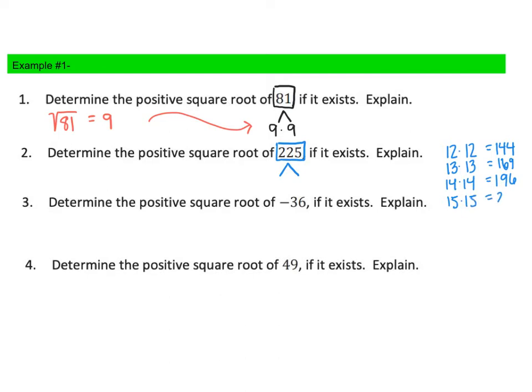I get 225. So 15 times 15, or 15 squared, is 225. So the square root of 225 is 15. It's a perfect square. And my work, right there. That's my explanation. All right, moving on to the next one.